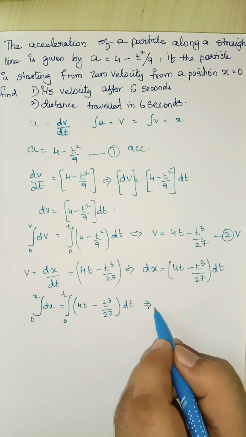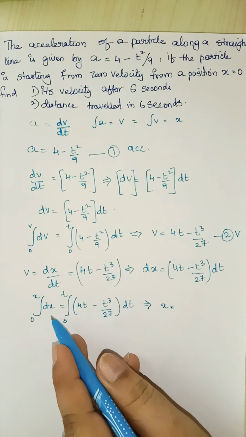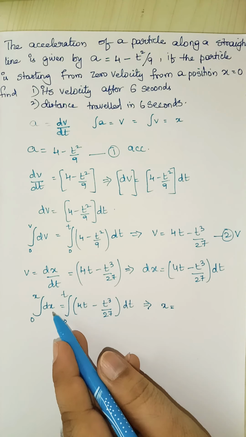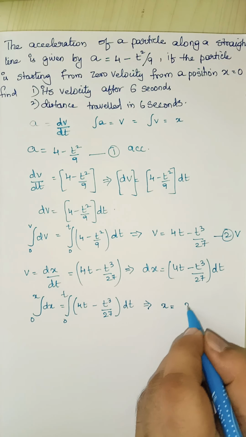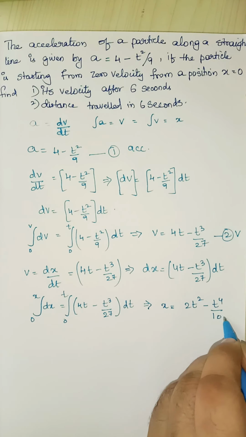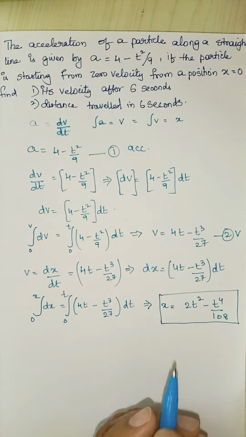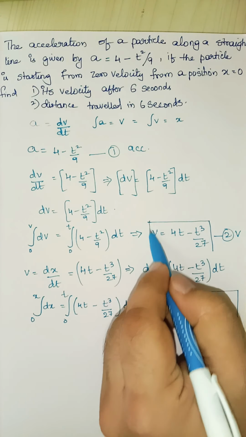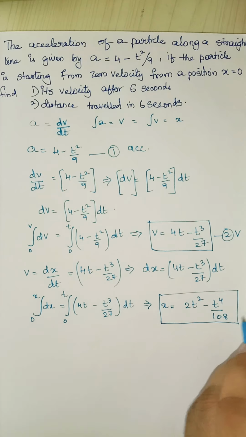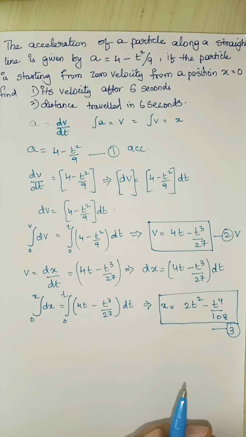Now from this one we will get x = 2t² - t⁴/108. This is the most important thing for us, as well as the velocity equation. Let us call this one the third equation, which is representing the displacement.